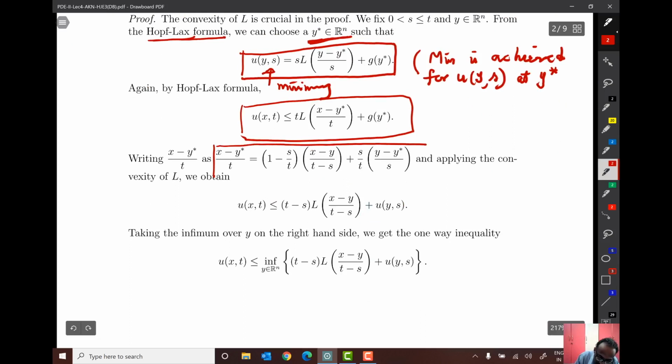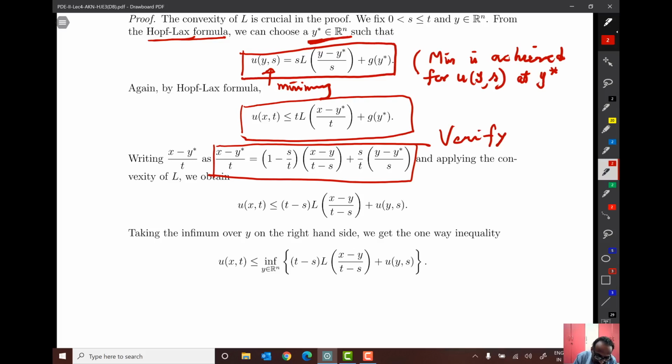You can verify this. Okay, so verify that x minus y star by t is equal to 1 minus s by t into x minus y by t minus s. That's easy to check, because if you take t in here, t minus s by t minus s and t cancel, the s cancel, you will see it's exactly x minus y.